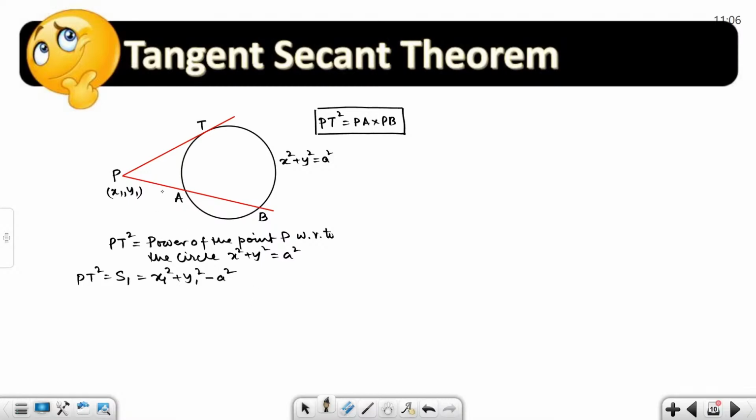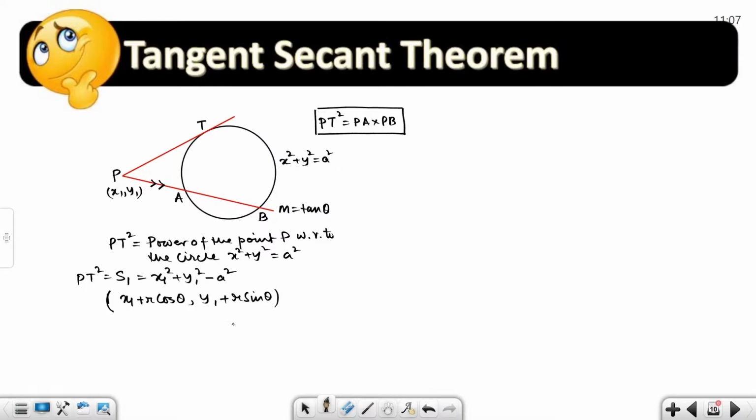Okay, now let us say that the slope of the secant be tan theta. So by using the parametric equation of a line, we can say that any point on this secant will be represented by (x1 plus r cos theta, y1 plus r sin theta).